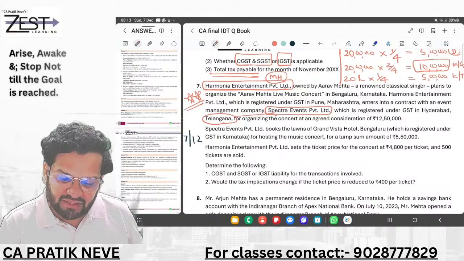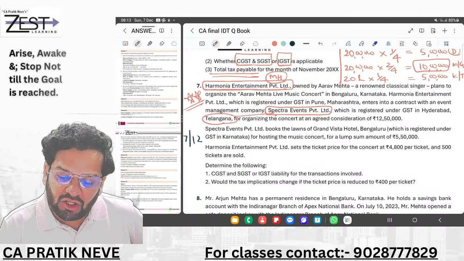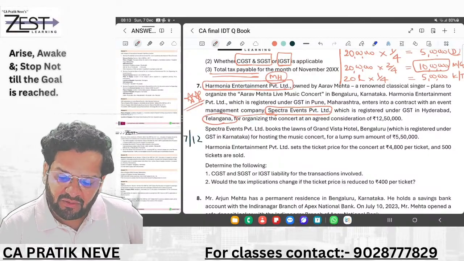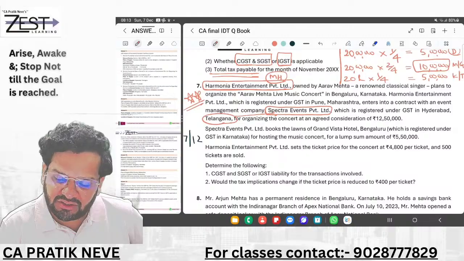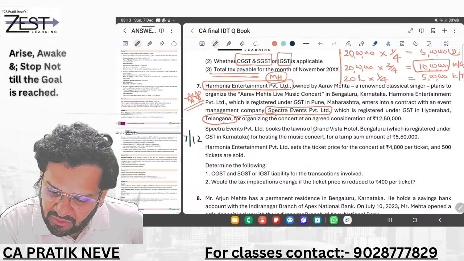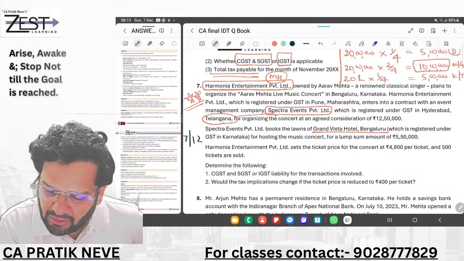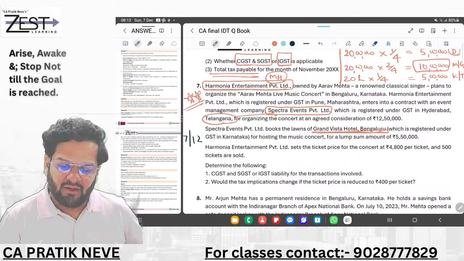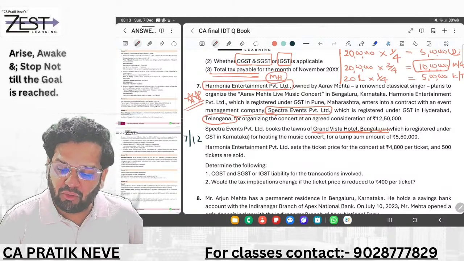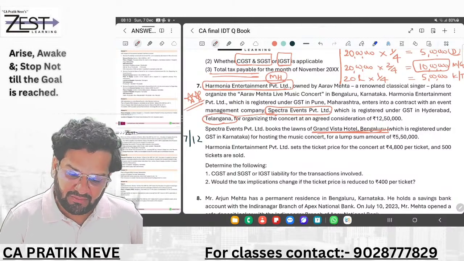Spectra Events Private Limited books the lawns of Grand Vista Hotel Bangalore for hosting the music concert, for a lump sum amount of 5 lakh 50,000.